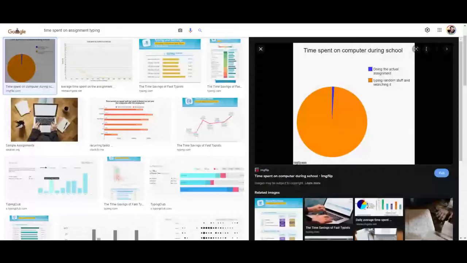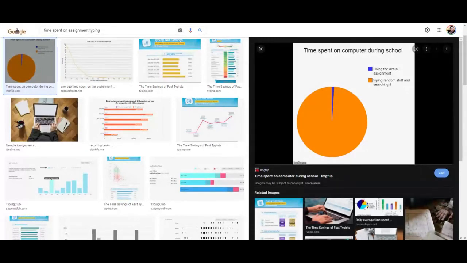Okay, time spent on computer during school. Blue area, time doing the actual assignment. Orange area, typing random stuff and searching it. So I think for maths, it's probably doing the typesetting, right? I think that's probably what everybody struggles with.